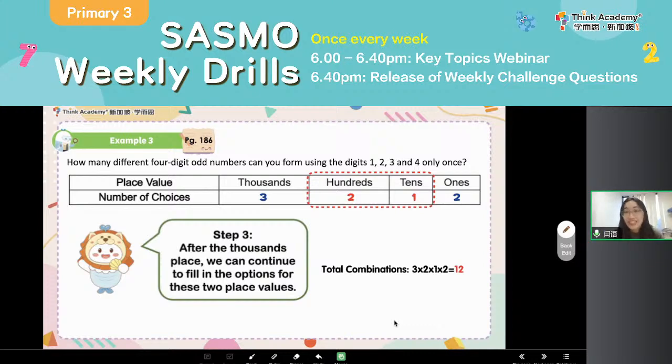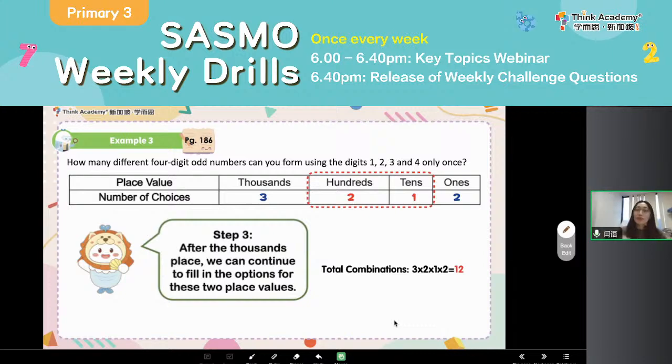Okay, so this is the answer. It should be multiplication. Any question here? I know that this example is a bit tricky. Yeah, a bit tricky. 3 times 2 times 1 times 2. Why is it multiplication? Because there is more than 1 decision, right?